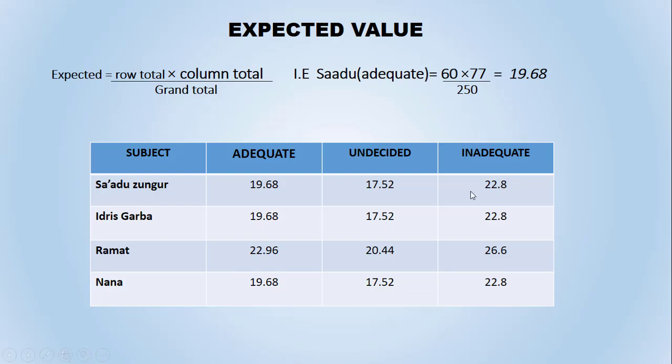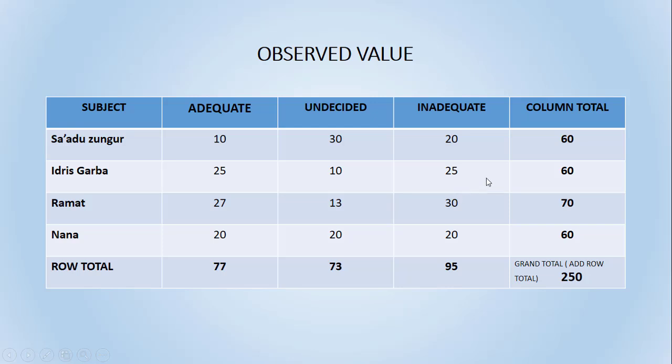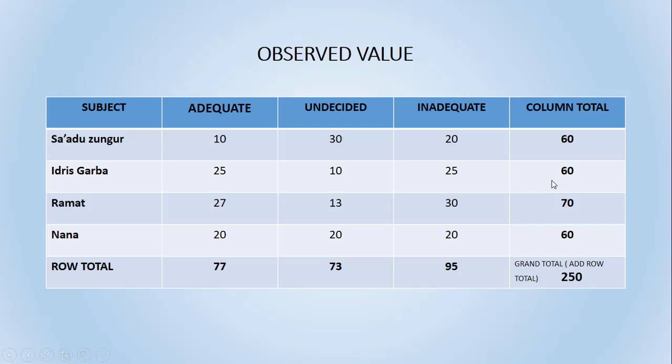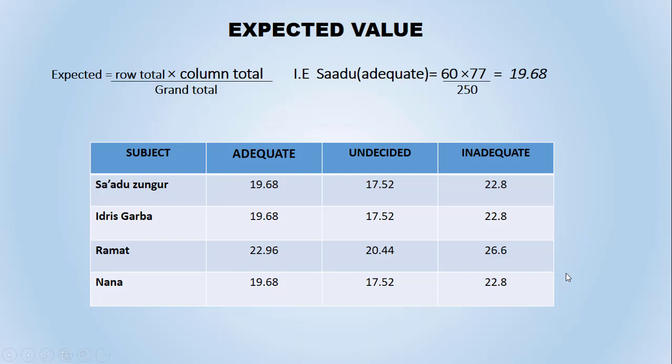Then let's check for inadequate. The column total of Saudi Zungu is still 60, but the row total now is 95. So 60 times 95 divided by 250, you will arrive at 22.8. Also 60 times 95 divided by 250, you will still arrive at 22.8, which is for Idris Galba.